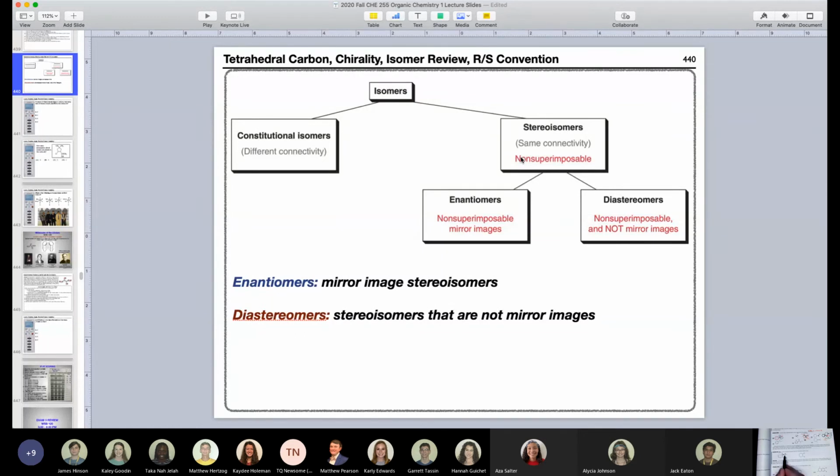That's counterclockwise, but the lowest priority group is pointing towards you. So instead of it being S, it's going to be R. So you've sort of done the heavy lifting so far. We said there's 2 stereoisomers, or 2 chiralities. That equals 4 stereoisomers.